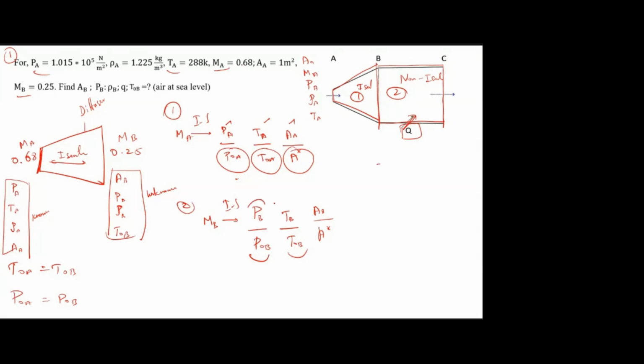From that I can find pressure and temperature. Temperature is not asked, but you can find it. Is that clear? Yes, sir. Even A star I found, and from that you can find AB also. Then only density is remaining. Once you know pressure and temperature, using P equals rho R T, you can find the density also.